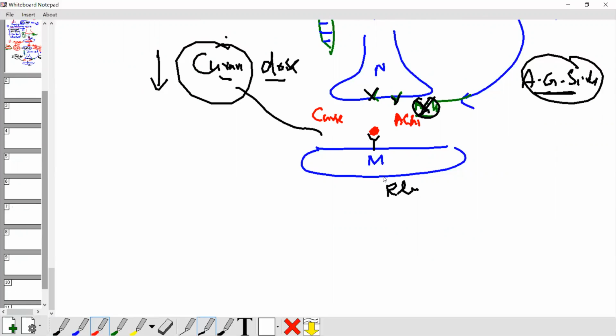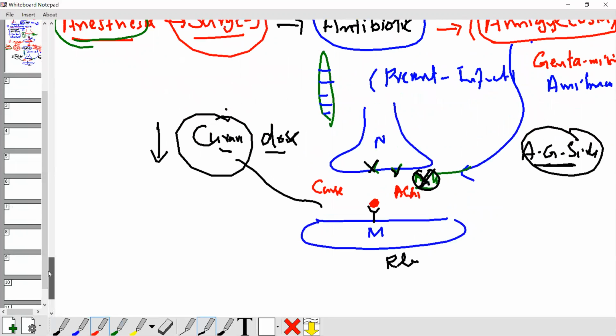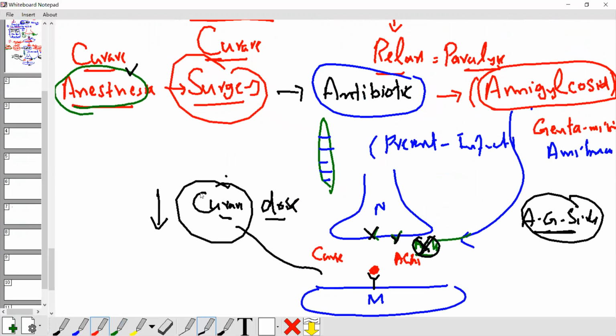Clear? Surgery is done, 6, 7, 8 hours are done, and the patient still is not able to move his limbs or arms, not able to use muscle. Clear or not? So if we want to use an aminoglycoside antibiotic and the same patient is also using the Curare family, then we must reduce the dose of Curare.